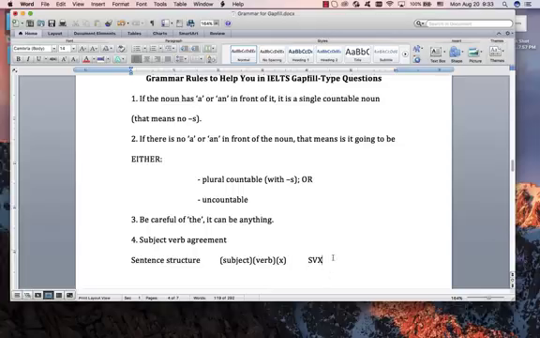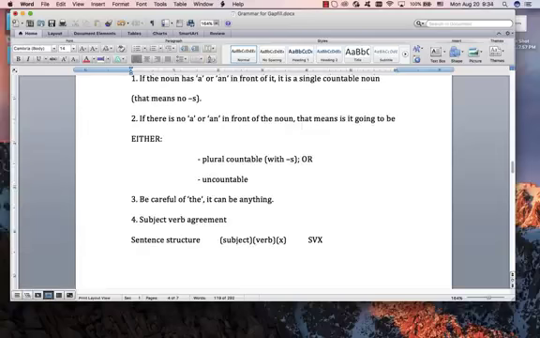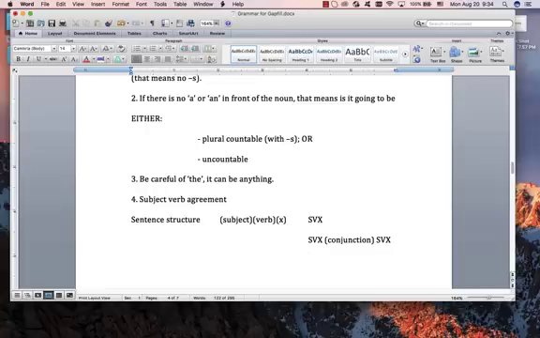Okay, so the sentence can be something as simple as that. It can be two sentences joined with a conjunction. Then you have a new subject over here, a new verb. So the conjunction could be but or and or because, things like that. Then another very common one that you really should know for your writing as well, we will do it in the writing course a lot, is this one, using a which.